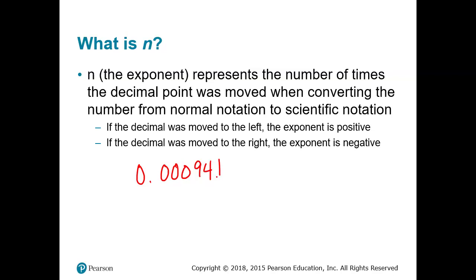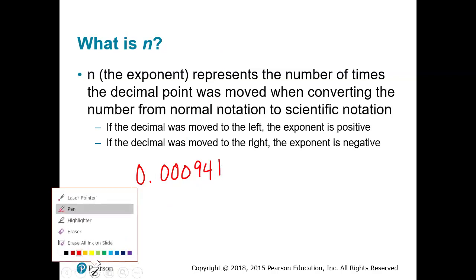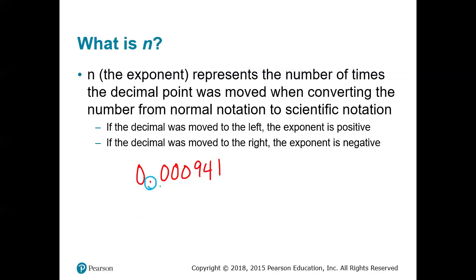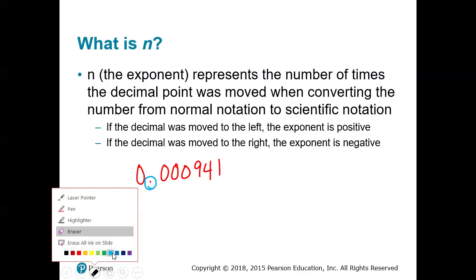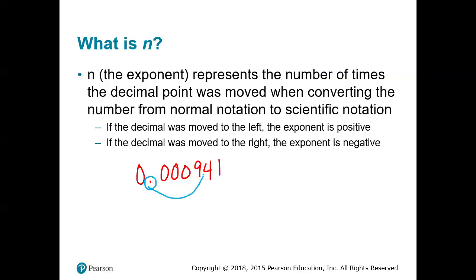The decimal is always going to be a number, a period, and then however many numbers fit into the measurement itself. So my decimal here, I need to move this decimal not to there, but rather to here. So my decimal here is 9.41.